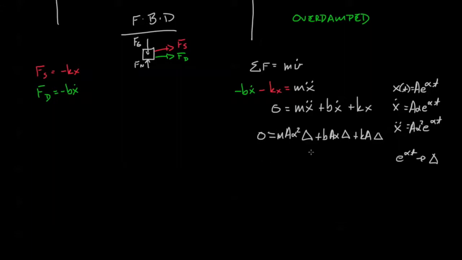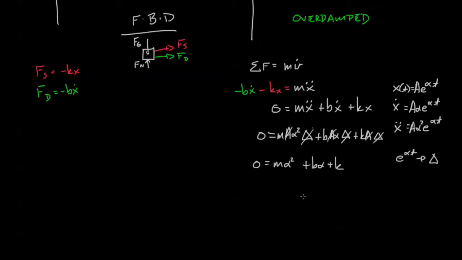I see in this that we have A e to the alpha t on all of these, so I can disregard it, and I get 0 equals m alpha squared plus b alpha plus k.